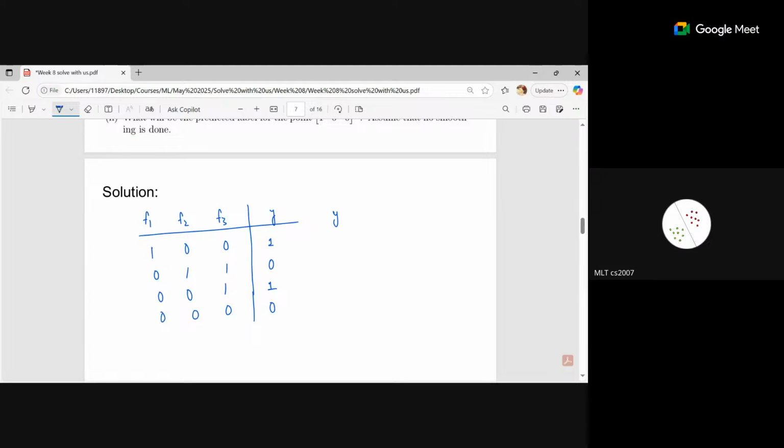So P3 not hat. This is the estimate for the probability that given y is equal to 0, my F3 is equal to 1, right? So how do we find this? Given any label y, what is the estimate?